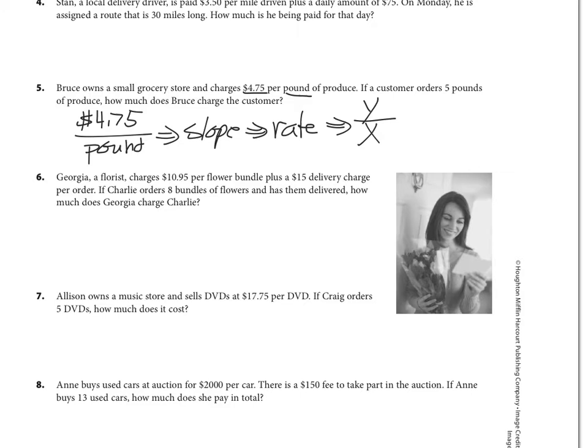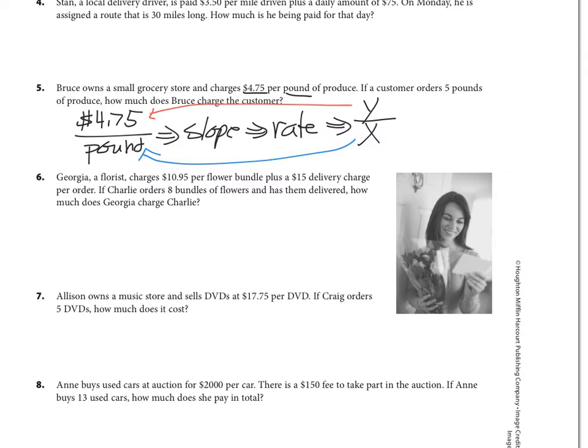Y over x. So this is very important that we get this, because if I go back over here at the beginning, my y-axis is dollars. My x-axis is pounds. Now, why is that important? Because we went through saying a minute ago, independent variable is our domain, which is our x.